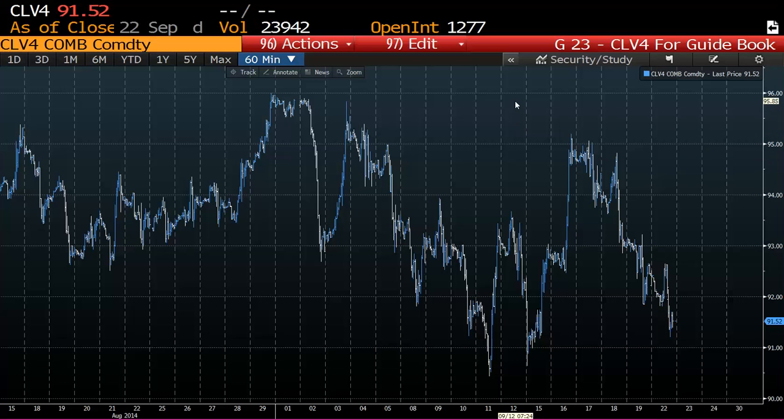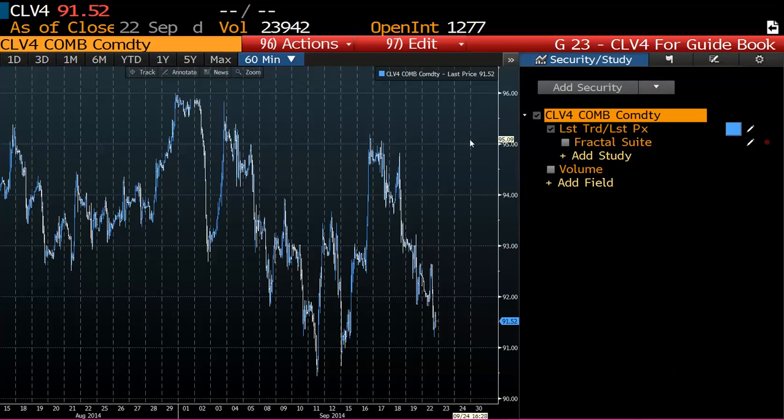The Fractal Suite is a combination of different indicators that use predictive technology that allows you to forecast price movement into the future and then analyze that prediction and price movement using fractal statistics.